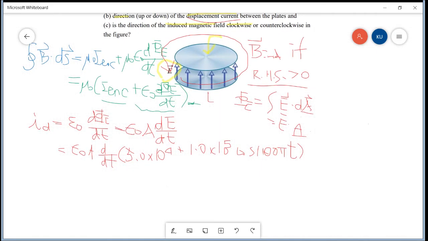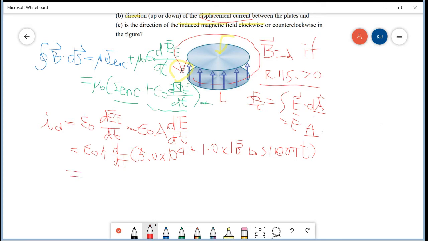Epsilon 0 is 8.85 times 10 to minus 12, and A is 4.0 times 10 to minus 3.